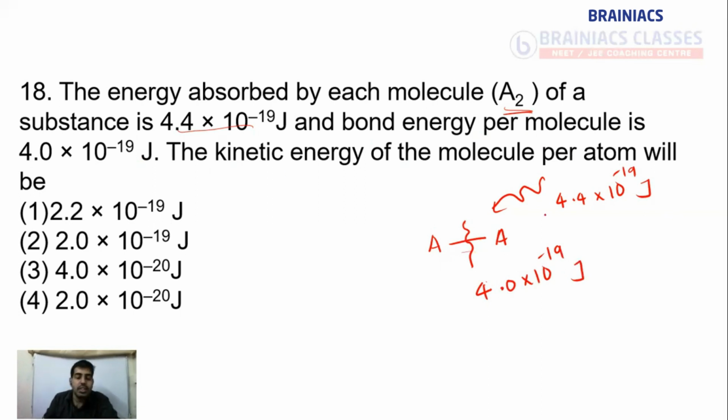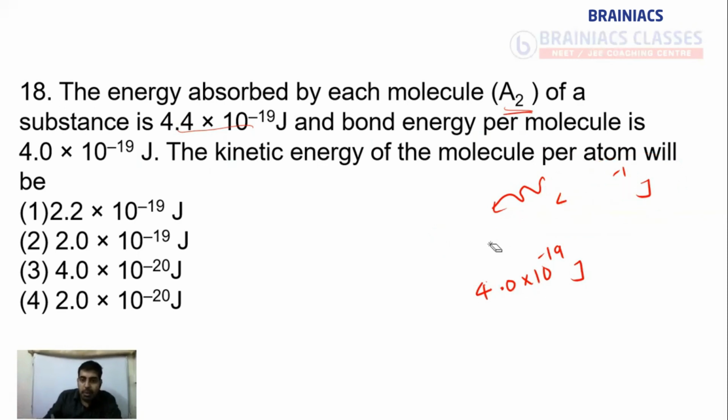Now, what is the kinetic energy of the molecule? Listen carefully. We are supplying 4.4 into 10 raised to minus 19 joules, and the energy required to break AA is 4.0 into 10 raised to minus 19 joules. So from the energy given, this much is absorbed to break this bond.